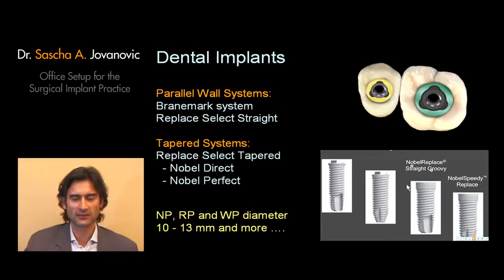The next one is the length, and this is an interesting point because you'll be able to see that of course all systems out there offer a tremendous diversity in implant lengths, but in practice we're using predominantly between 10 to 13 millimeters.